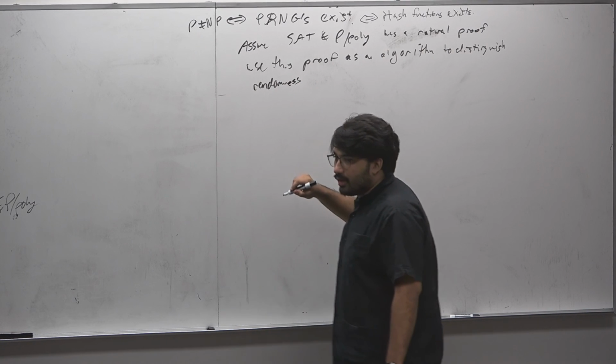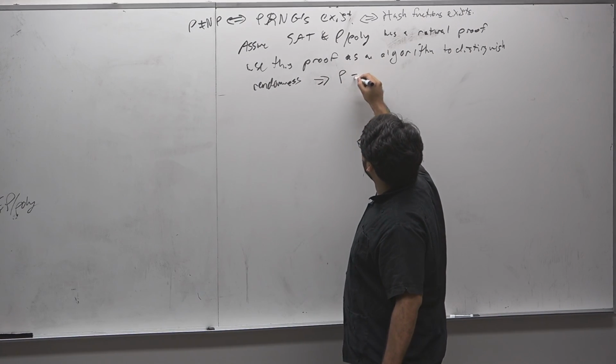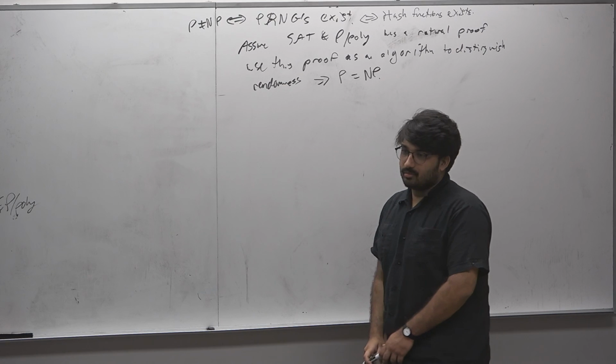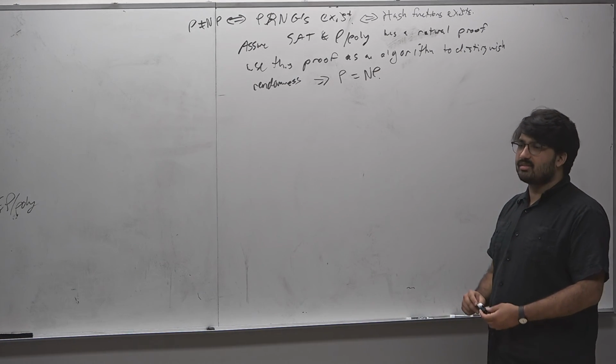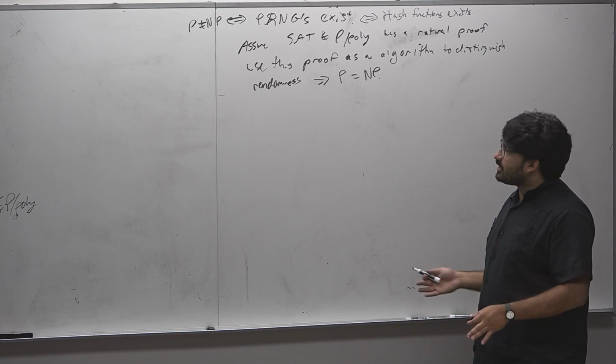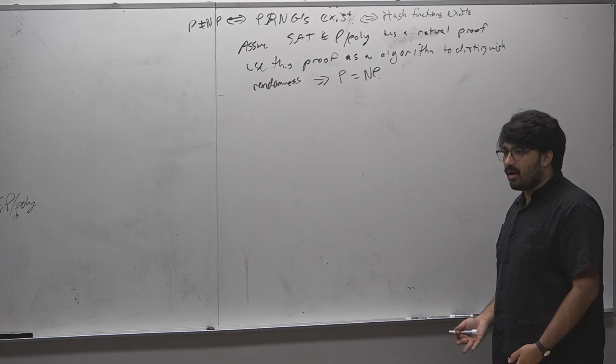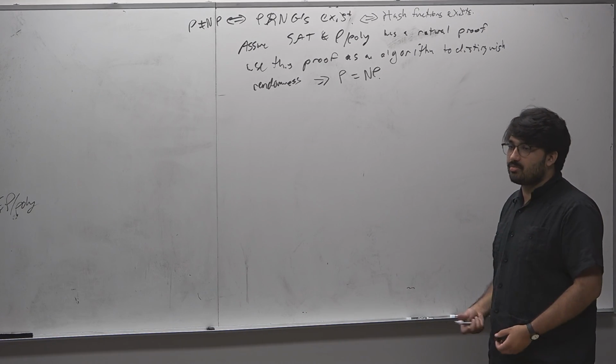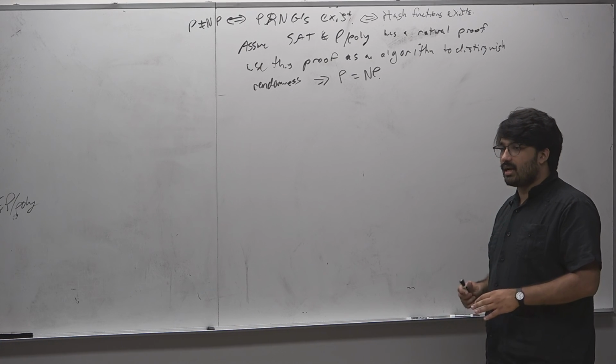If you can distinguish randomness, that implies that P equals NP. But we know that if SAT is not in P/poly, then P is not equal to NP. This is a barrier. It's called the natural proofs barrier, and it's very similar to the relativization barrier, except it's combinatorial, one-sided, and much more difficult.